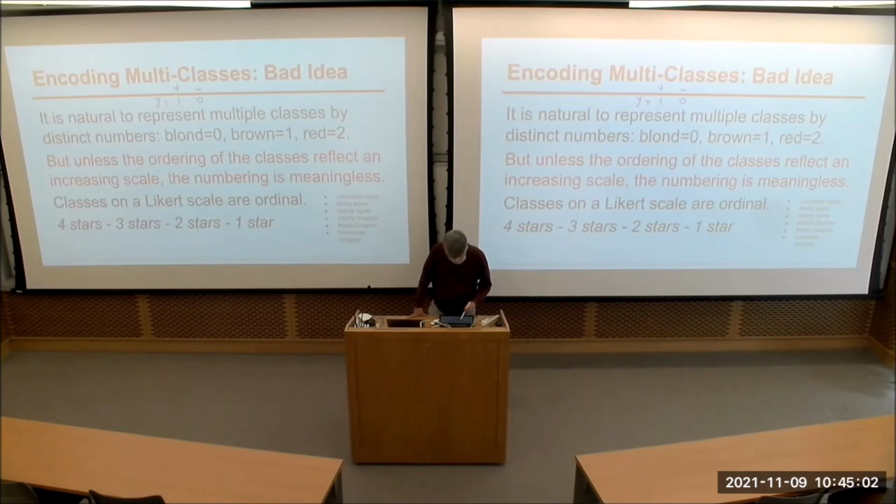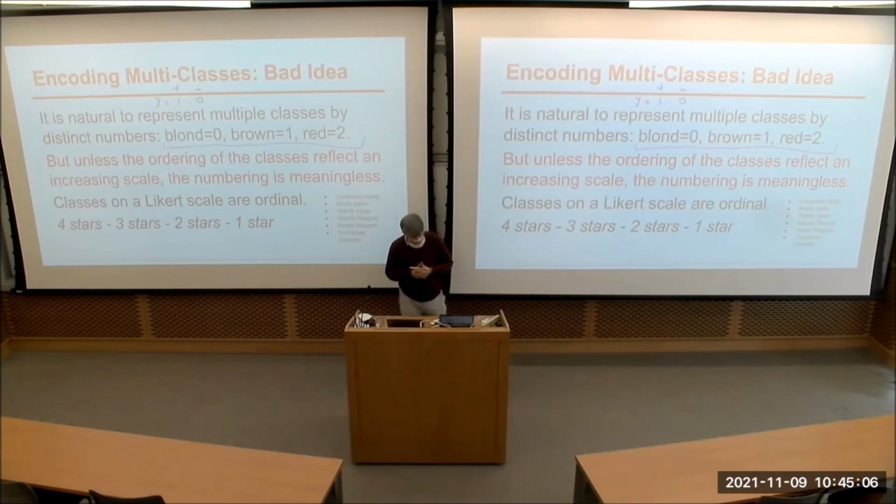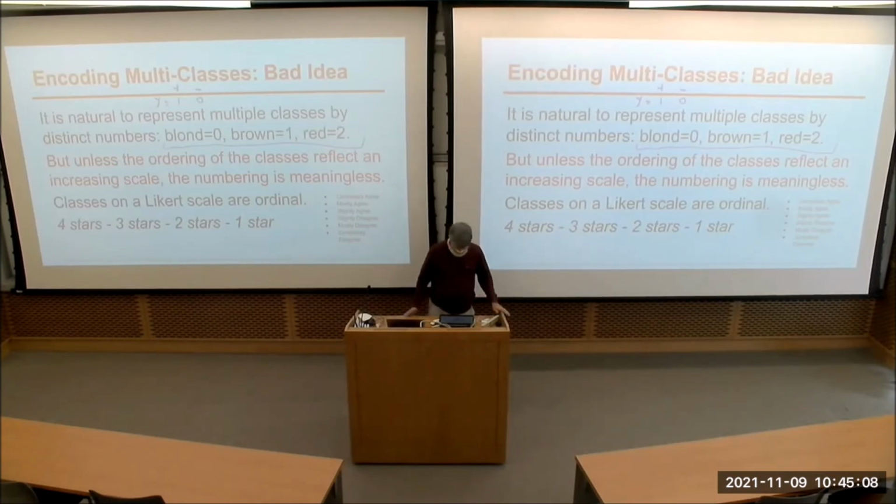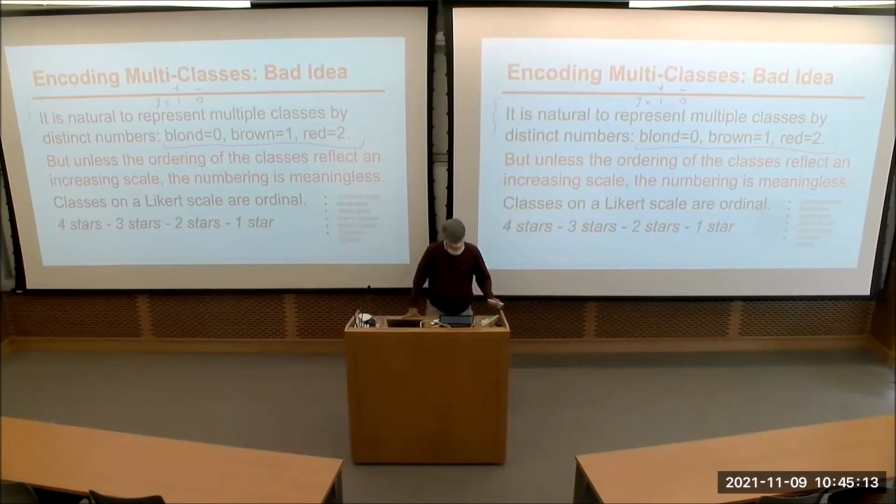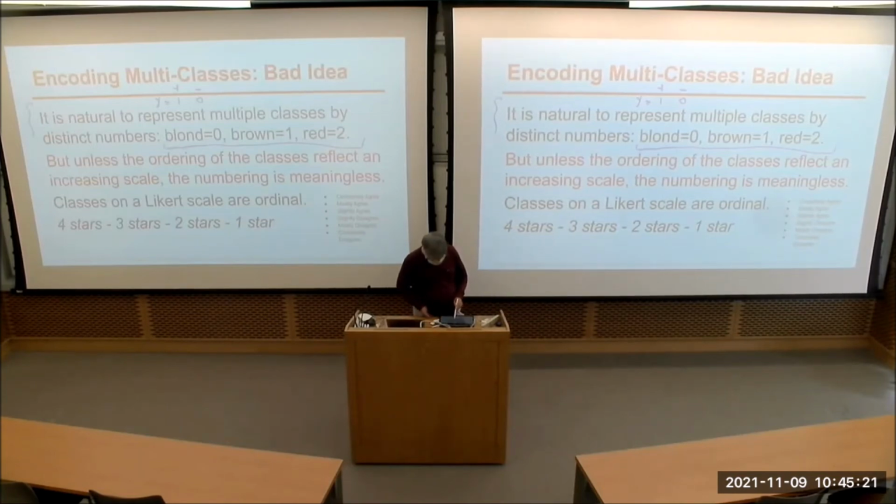We might think about trying to represent multiple classes by having multiple different values here. Let's say I wanted to classify people into what their hair color is. You could imagine having 0 represent blonde, 1 represent brown, 2 represent red, and so on.